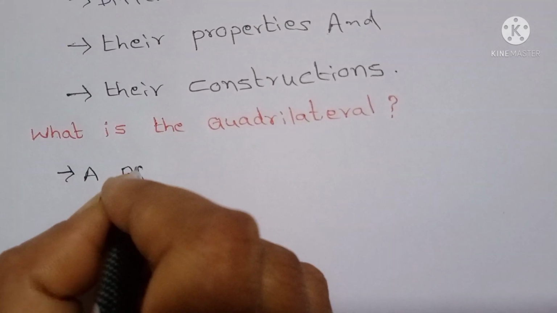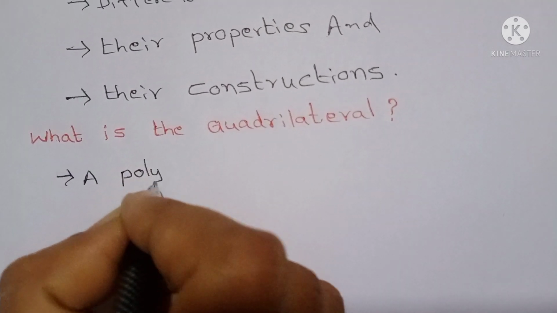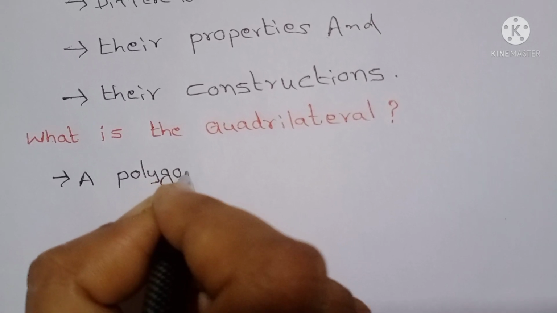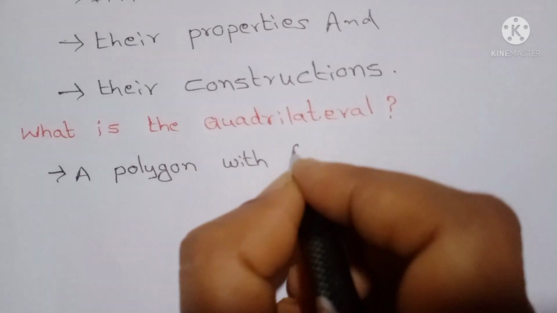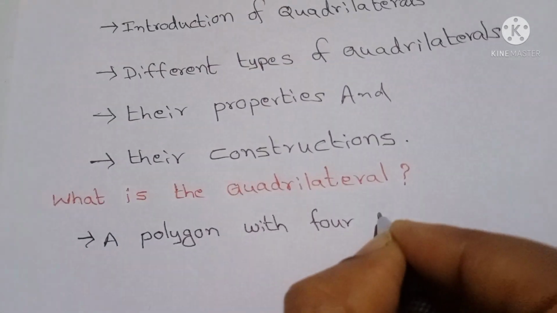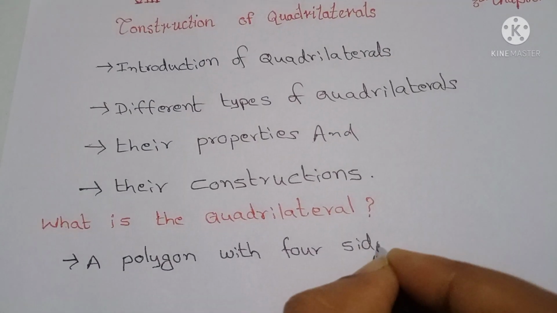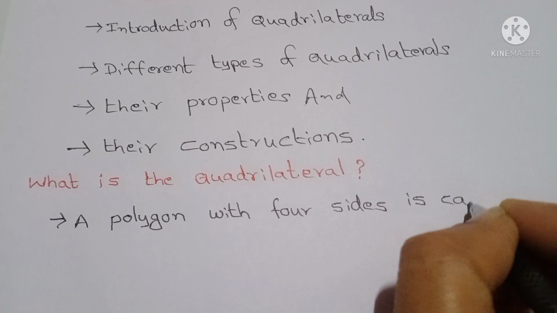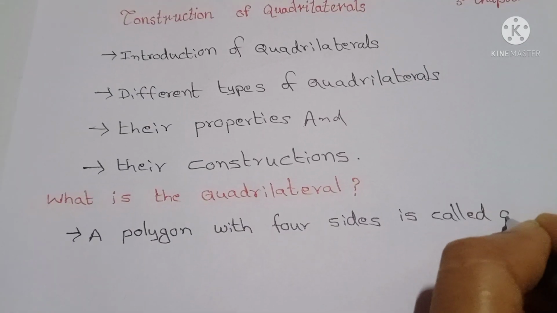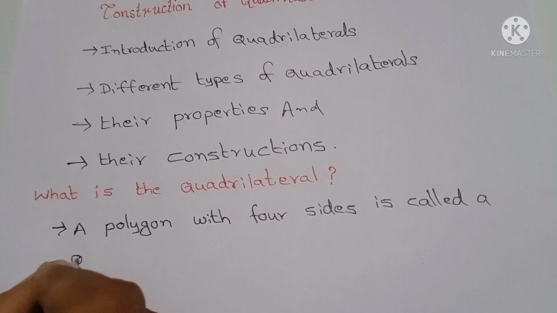Write down, children. A polygon with 4 sides is called a quadrilateral.